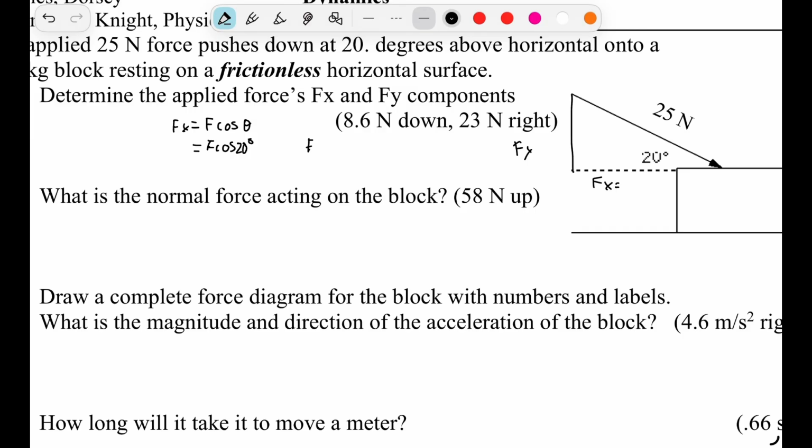And Fy is going to equal F times sine of the angle, which is F sine of 20 degrees. Now this is going to equal 23.5 newtons to the right. And this is going to equal 8.55 newtons in the downward direction.